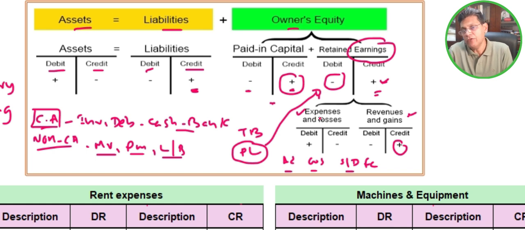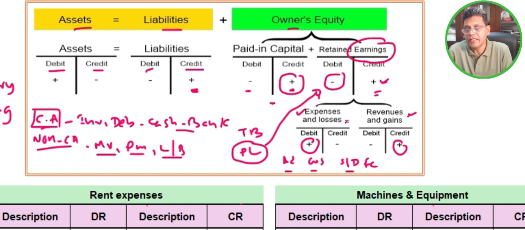So likewise, when you take the expenses, they result in a reduction in the profit and the capital. Any increase in expenses should be debited. Why do we debit the expenses?